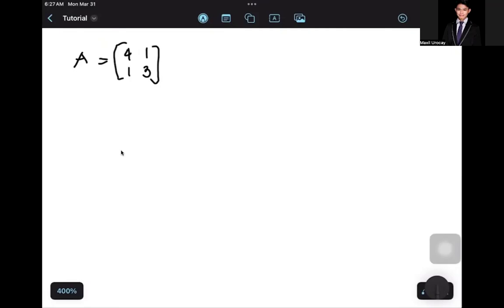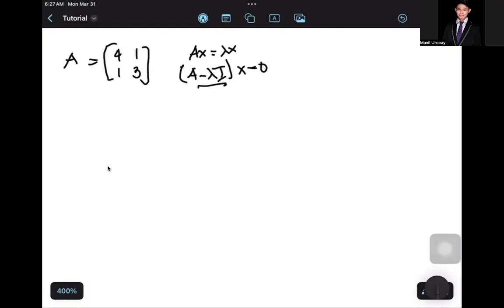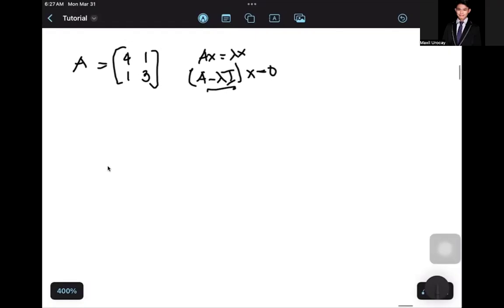We first check the eigenvalue equation: Ax equals lambda x, or we can rewrite it as A minus lambda I, times x, equals 0.